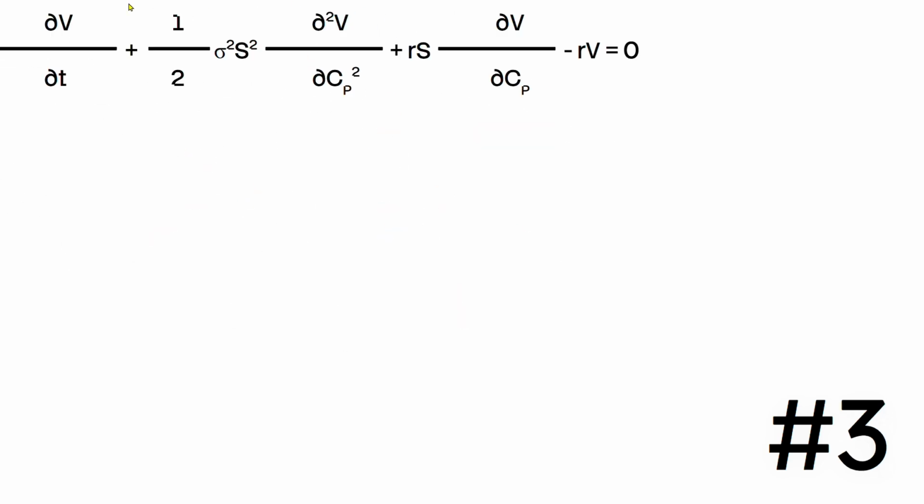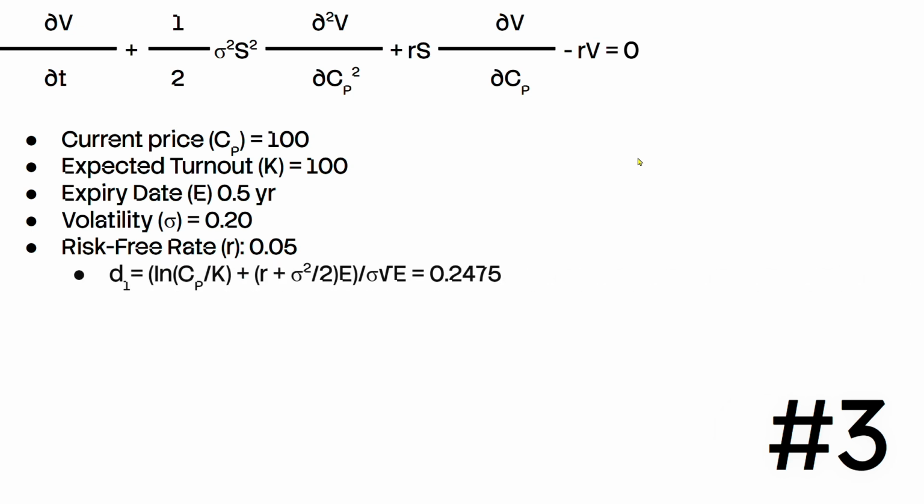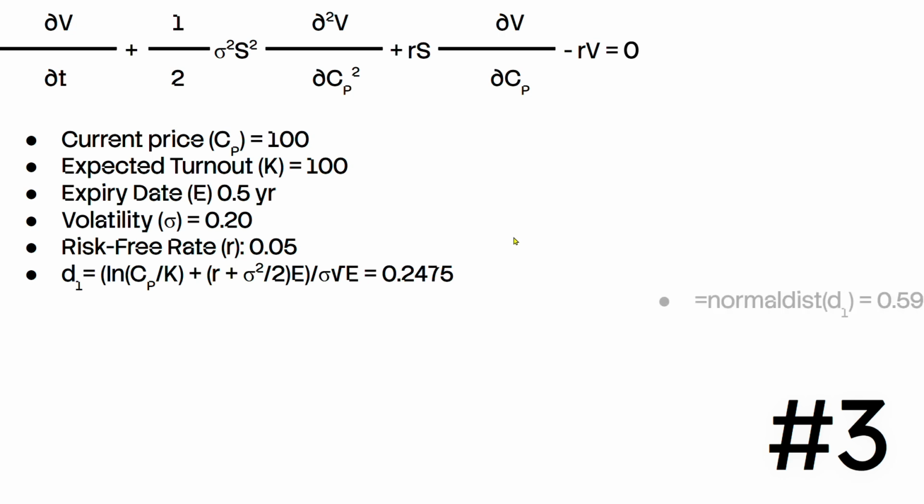This formula looks very complicated, but it almost always equals 0 if no approximation is used. This is the Black-Scholes formula used for predicting how much return you can create with stocks. If we have our current price as 100, our expected strike as 100, our expiry date as half a year, our volatility as 0.2, our risk-free rate as 0.05, our variable d is equal to 0.2475.